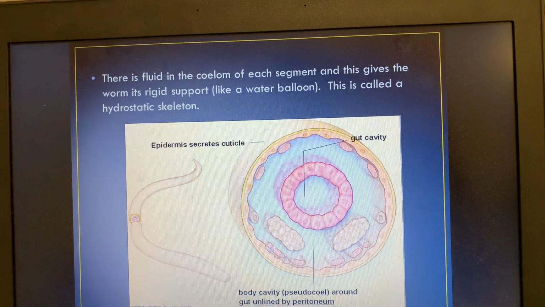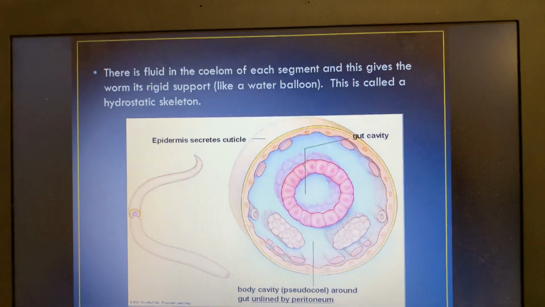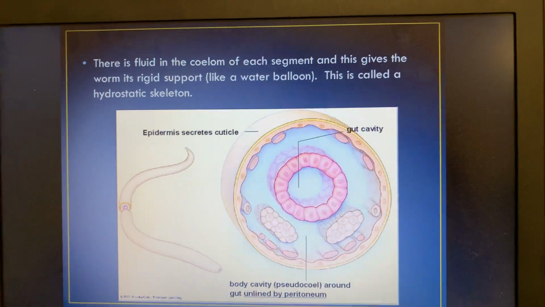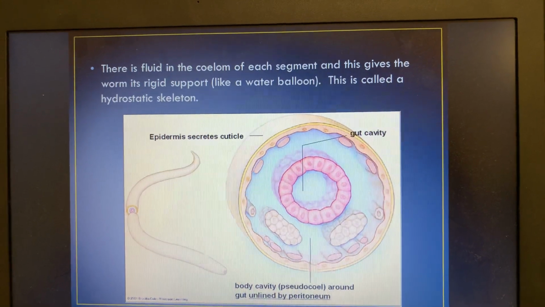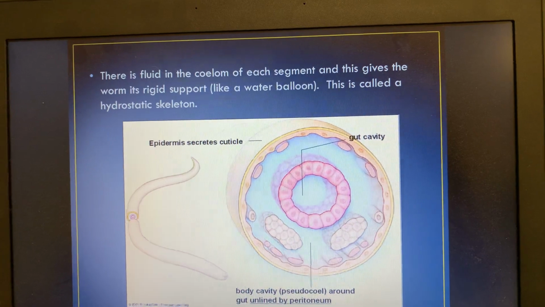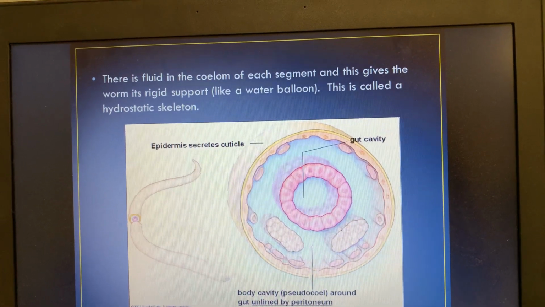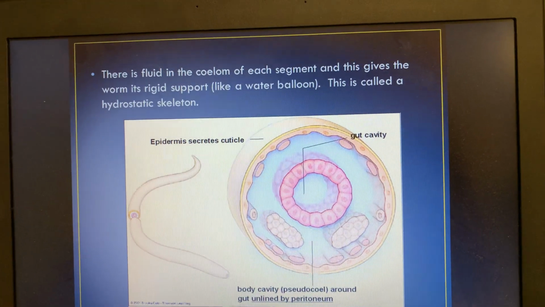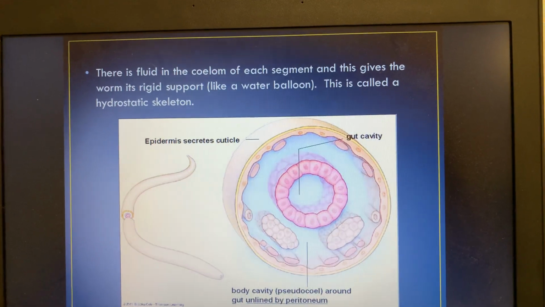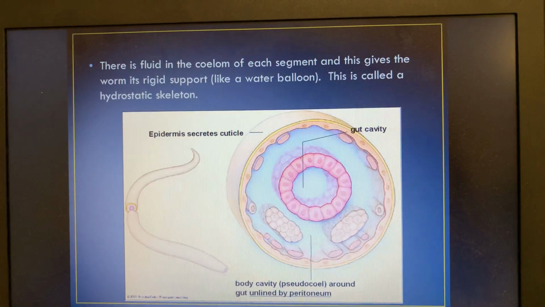Okay. The coelom that I just mentioned on the inside, this is a diagram of it here, has fluid on the inside of it, sort of like a water balloon, and the pressure from that fluid gives their body support. So they don't have bones, they don't have an internal skeletal system or an external skeletal system.